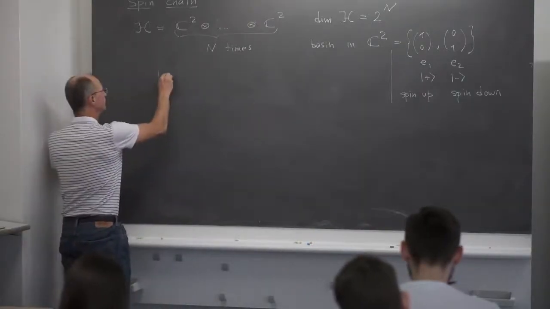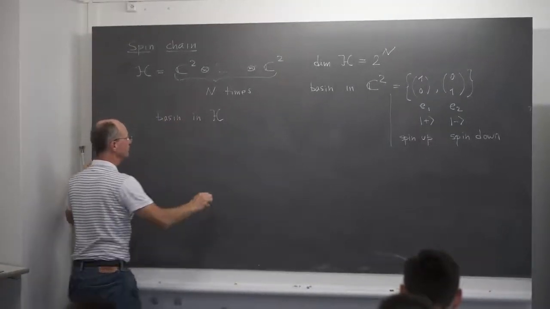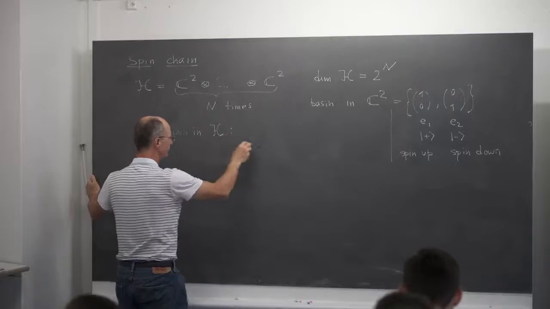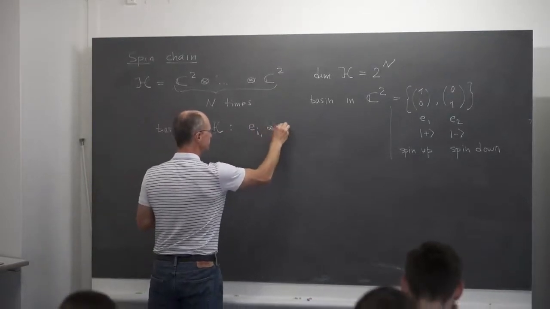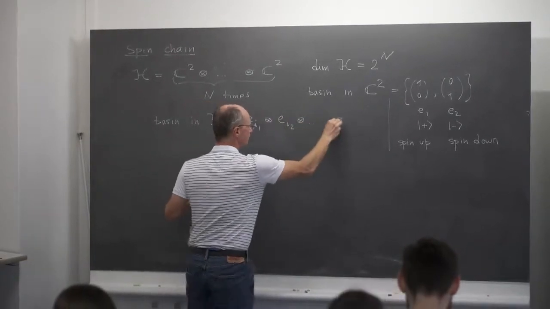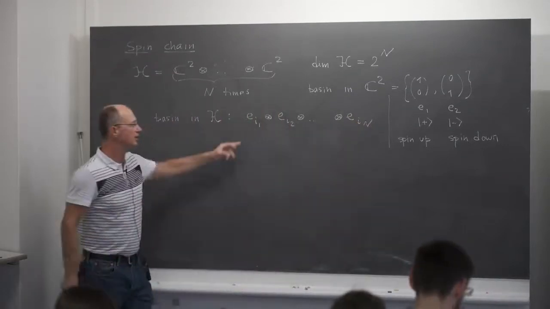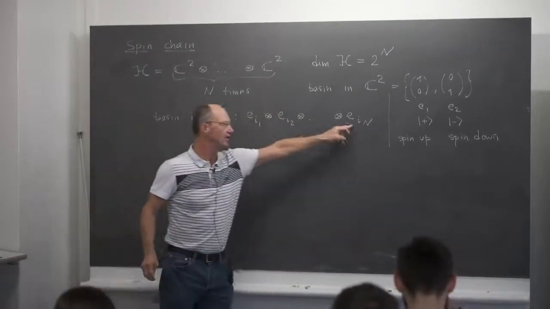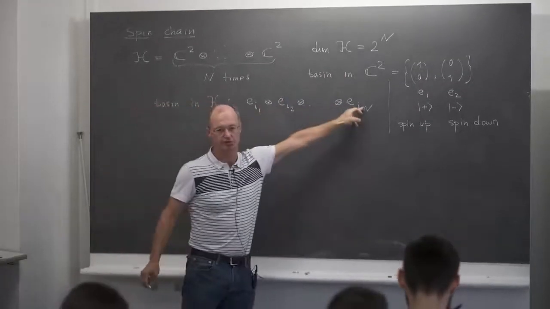Now, we can form a basis in H, and the basis in H can be built, for instance, in the following form. So you choose for each of the sites one of those two vectors, and you take a tensor product of them.